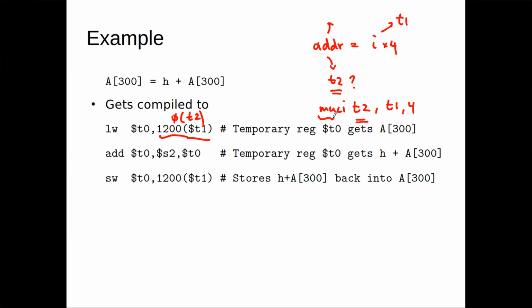I argue, and I haven't covered multiply instructions yet, that instead of this multiply we can use shift logical left and just do T2, T1, with the shift amount 2. Shifting by 1 is multiplying by 2, and shifting by 2 is multiplying by 4. Agree with that? Okay, this is clear.